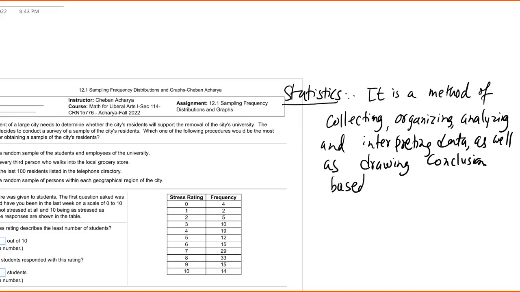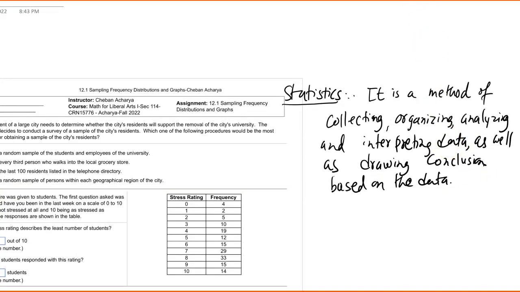Therefore, statistics is a method of collecting, organizing, analyzing, and interpreting the data. Besides that, we also draw the conclusion based on those collected data.